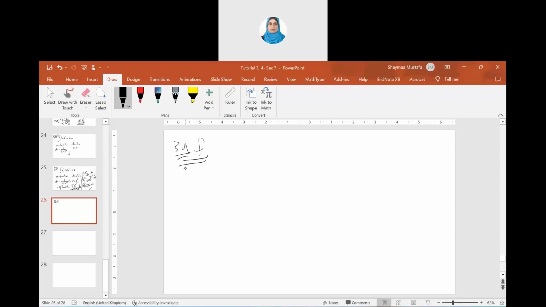34F: integration of dx over x squared 9 minus 4x squared. So here I have a problem on the 4 and 9.